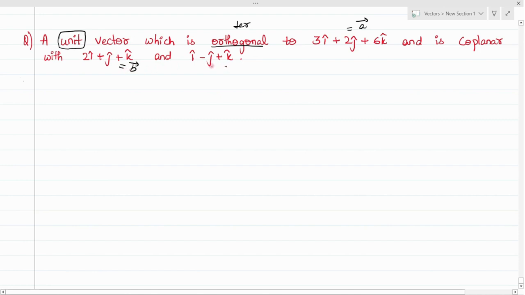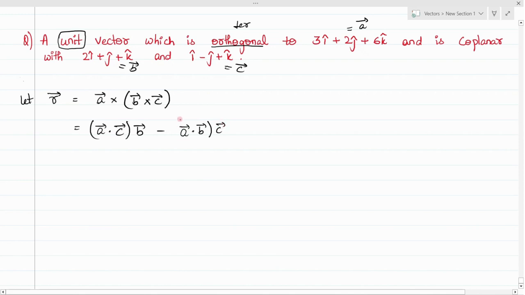Let one vector be B and one be C. So now we can write this unit vector's numerator R as A cross B cross C, which holds the vector triple product. So just use the formula over here, that is A dot C into B minus A dot B into C.